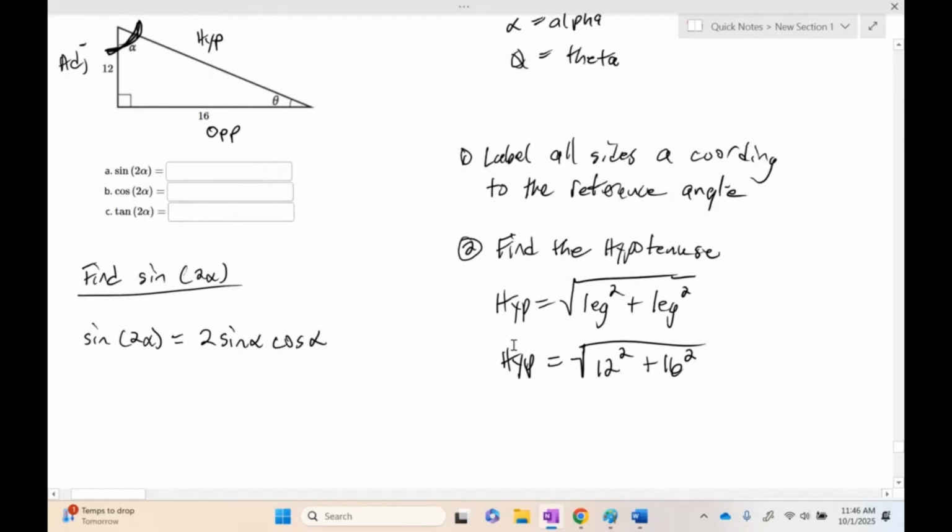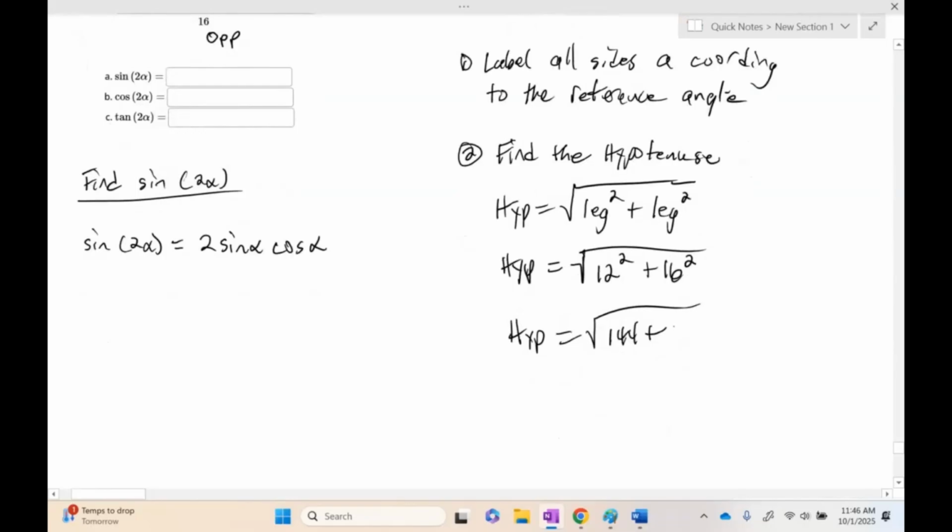Notice my form for the hypotenuse is changing up. Before it was like x squared plus y squared, because it was in a rectangular coordinate system. Here, this is just a triangle hanging out in space, so I'm just going to use the hypotenuse is equal to the square root of the leg squared plus the other leg squared. 12 squared is 144. 16 squared is 256.